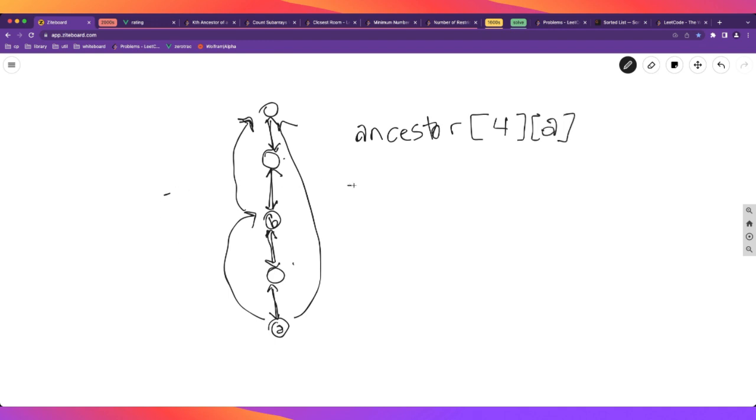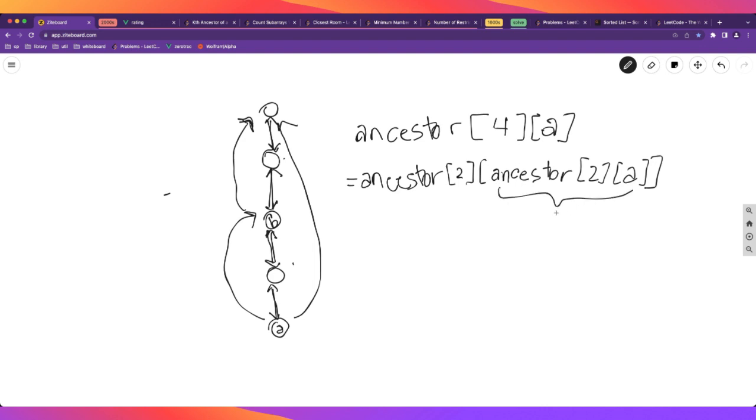Okay, and this is just translating what I said to code. Here we want the 2nd ancestor of what? Of the ancestor, also the 2nd ancestor of A. Okay, so this is jumping 2 times.